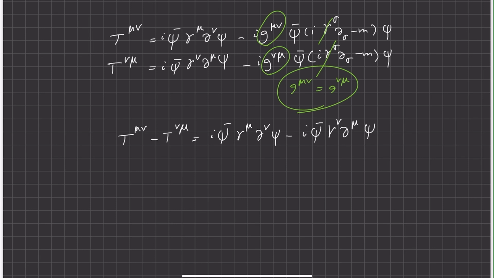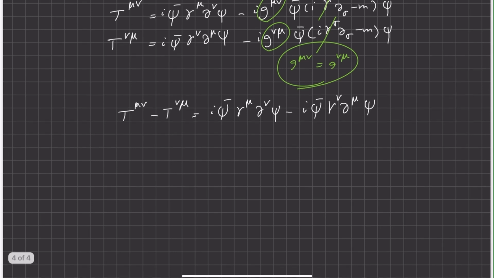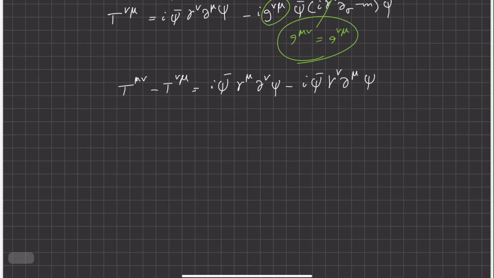And now we're going to show with a trick that this term is somehow equal to the definition of the spin change. How? We're going to go to the Dirac equation and replace this term here with minus i m gamma nu psi.